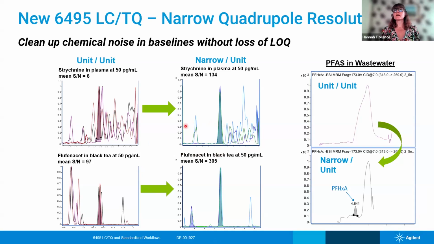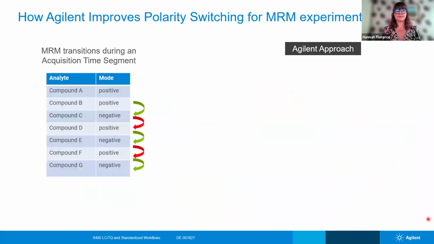You can see in these examples that chemical noise can actually be reduced once you narrow that window. So the specificity of the precursor ion going through is much better. This is a really nice example, although it's not a compound that's relevant for today, of where narrowing down that precursor selection, we can now see this PFAS peak that was previously hidden in the background.